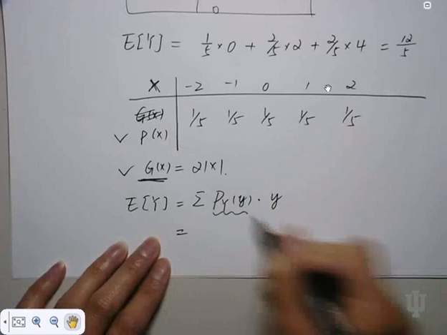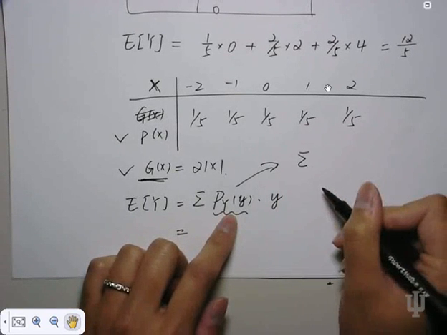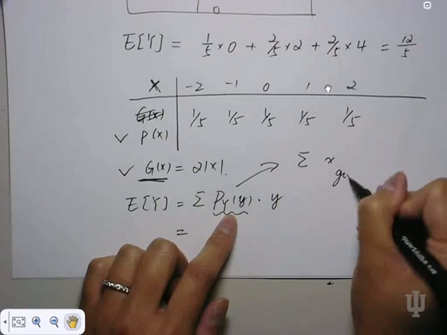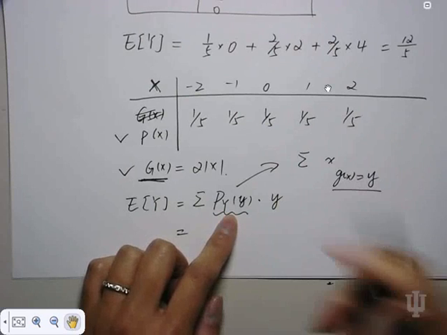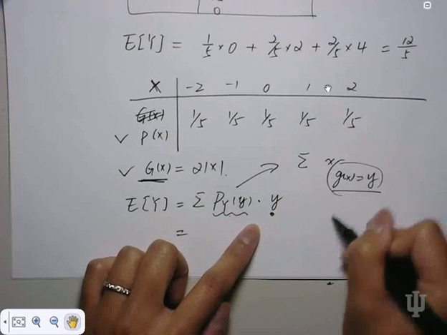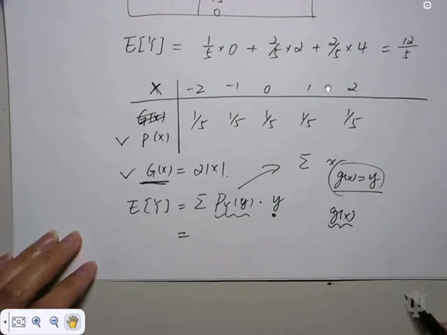Remember, this thing is the sum over all the possible values of little x which satisfy this, right? We just talked about this. And this little y equals g of x, right?